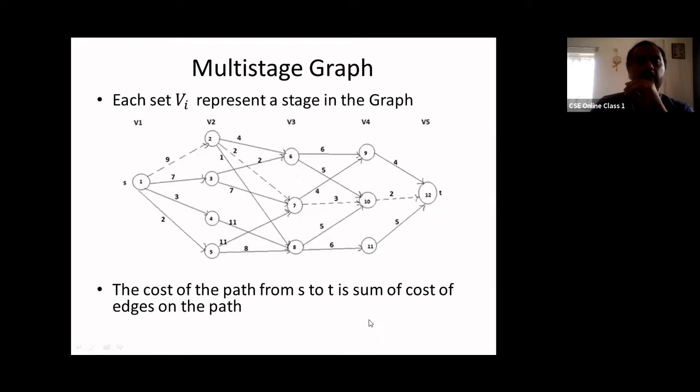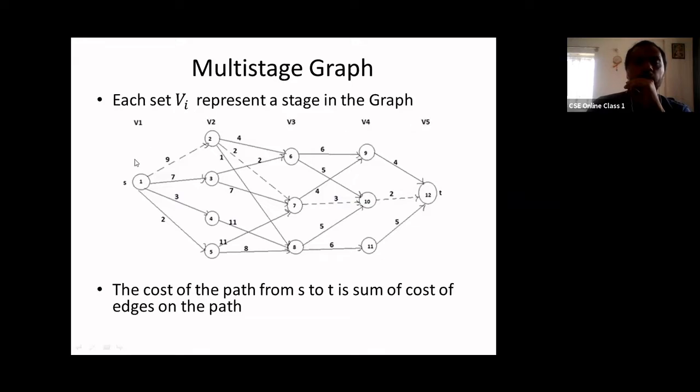An example of this: you can see this is a multi-stage graph where all the edges are marked with a direction. These vertices are classified into 5 groups, V1, V2, V3, V4, and V5.